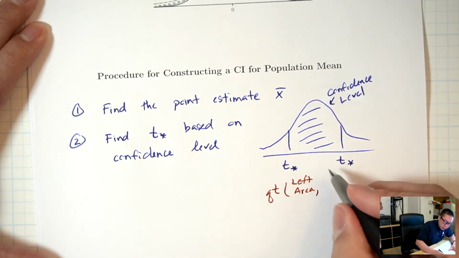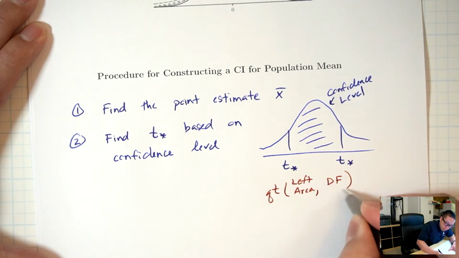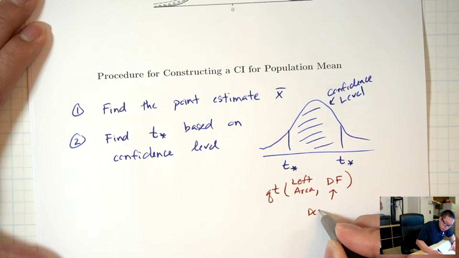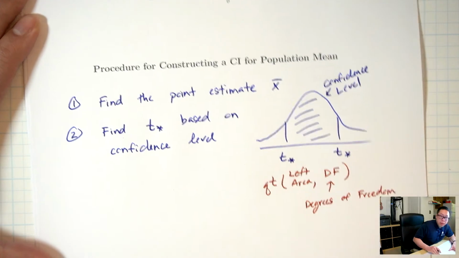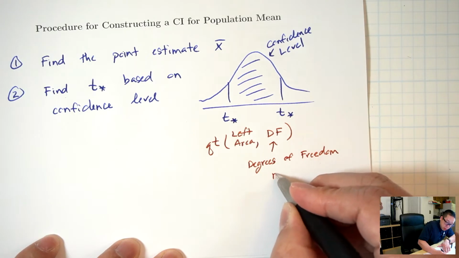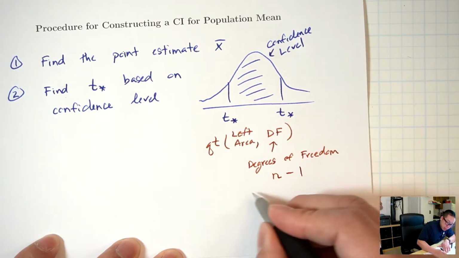And then something I'm going to call a DF. And DF stands for degrees of freedom. And it's really just the sample size minus 1, n minus 1. And n is our sample size.